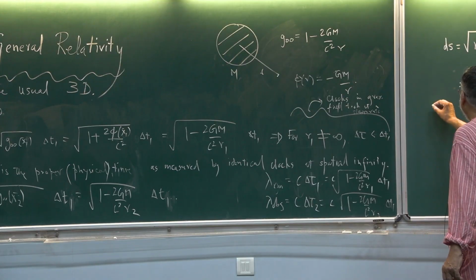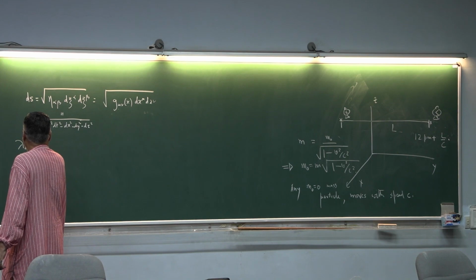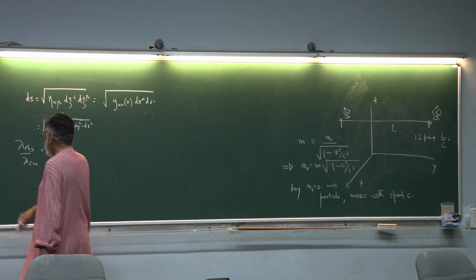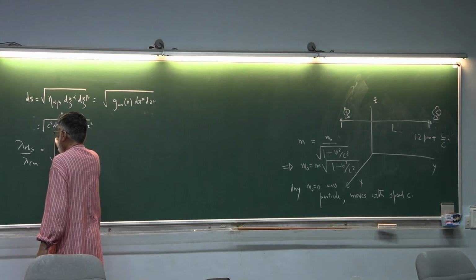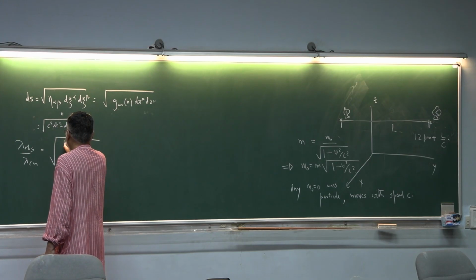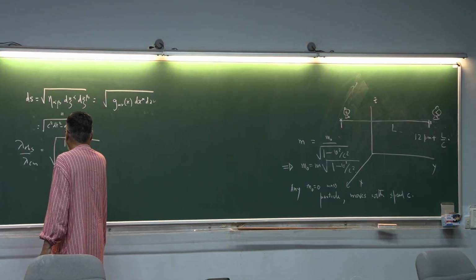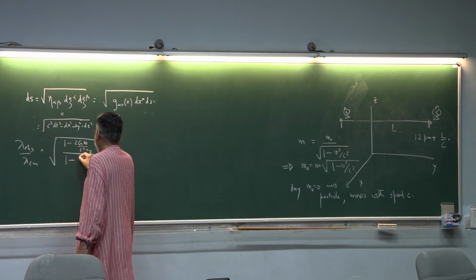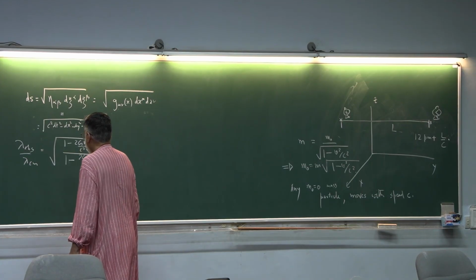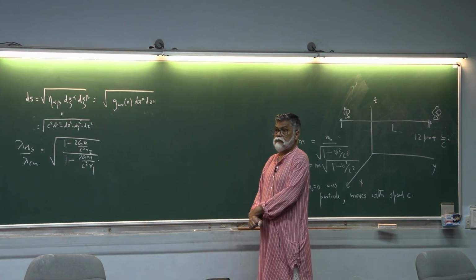And therefore, lambda observed by lambda emitted is, delta t1 cancels, c cancels, the square root of 1 minus 2GM by c square r2 divided by the square root of 1 minus 2GM by c square r1. Agreed. Okay.